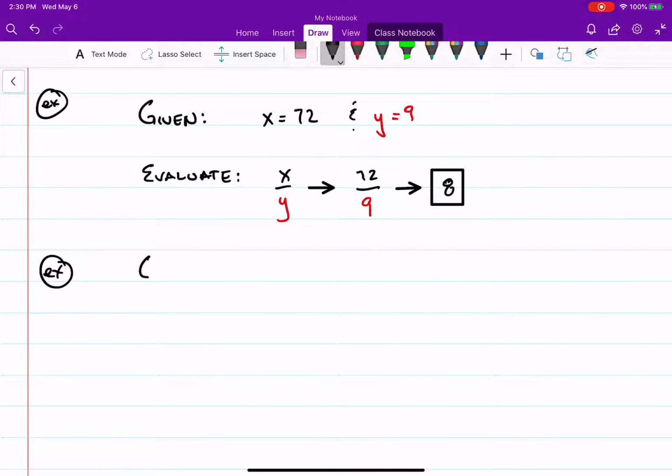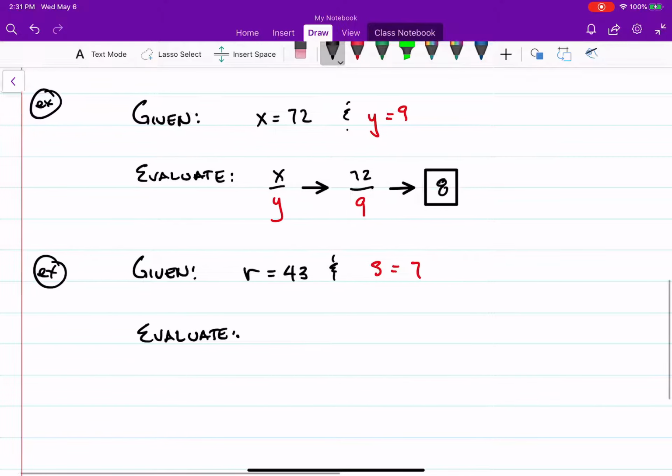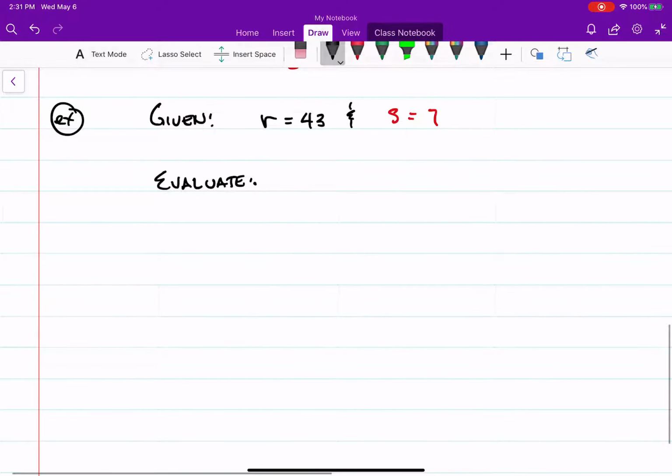So let's say we're given, excuse me, r is equal to 43, and that s is equal to 7. And then it wants you to evaluate r minus s over 6.